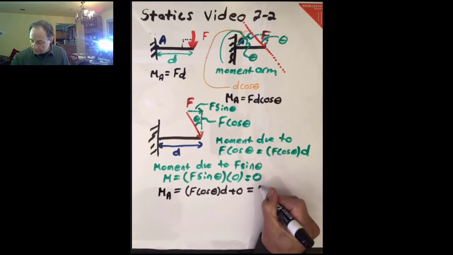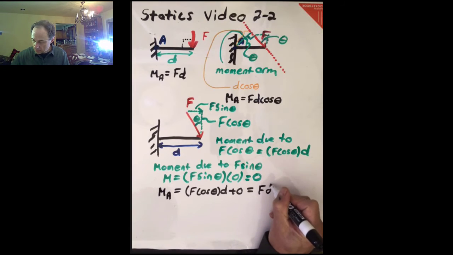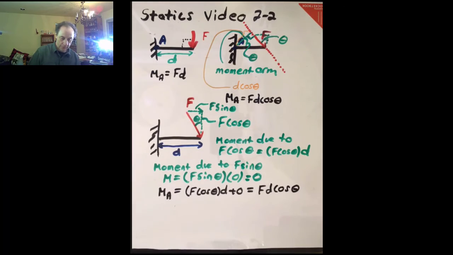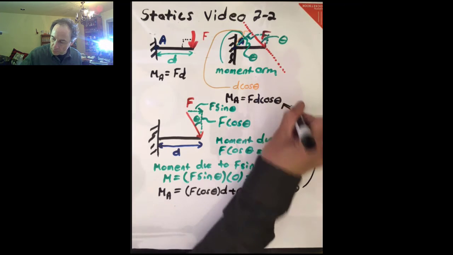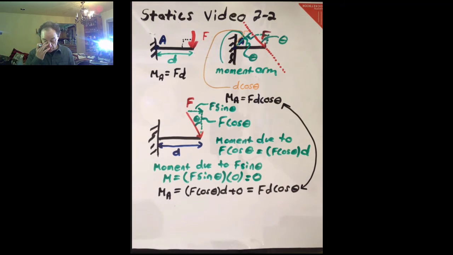So it's going to be F d cosine theta, which is the same as we found the other way. And it has to be. Both methods are legitimate, so it has to be the same both ways.